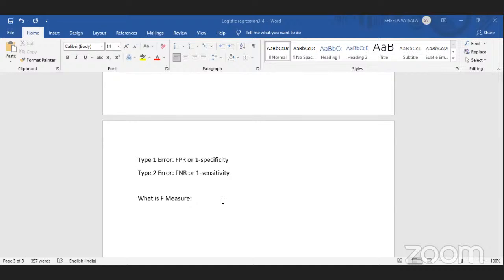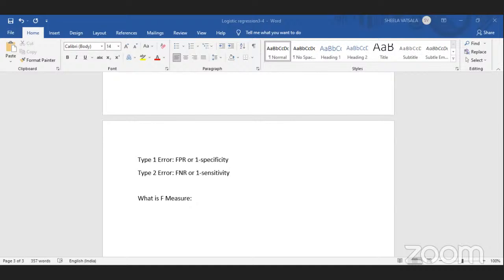Depending on the business case at hand, the goal of analytics, whichever model we want to build, an appropriate metric will be assumed. For example, how much accuracy you're ready to compromise on, how much incorrectness in the model you're ready to compromise on.